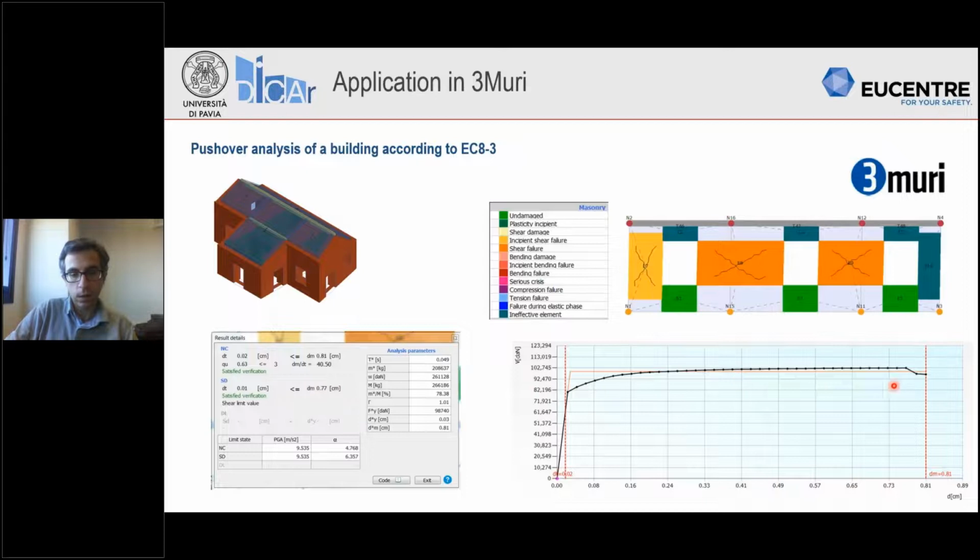Here you can see the resulting pushover curve, and also one of the walls with the indication of the possible mechanisms taking place in the elements, also with the extent of damage. And then here you can see the calculation of the capacity and also the demand corresponding to this building.